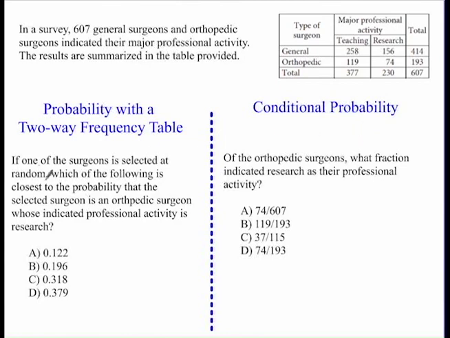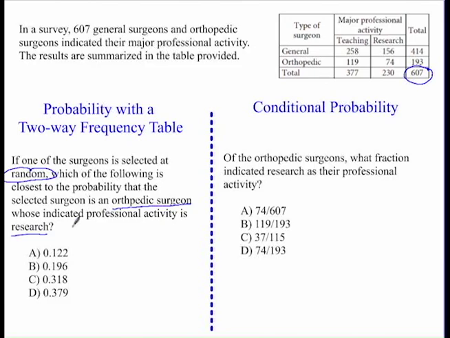It says if one of the surgeons is selected at random. That means any of these surgeons, whether general or orthopedic, so we're selecting a surgeon out of the total 607 surgeons. Out of any of those 607 picked at random, which is closest to the probability that we pick an orthopedic surgeon whose indicated professional activity is research?